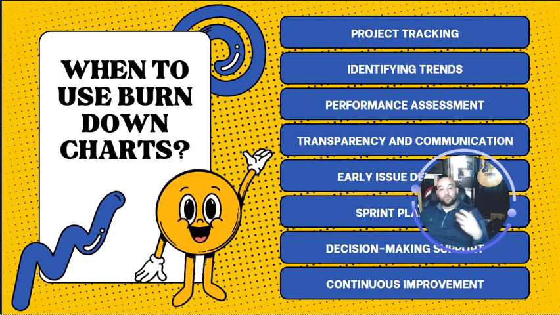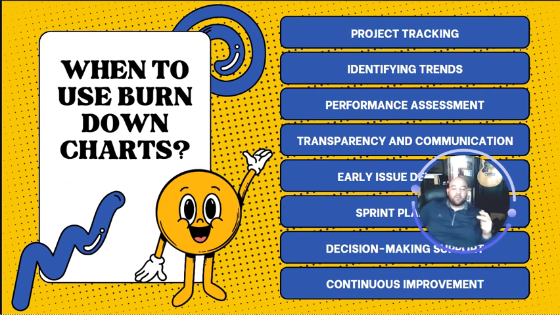If we go to the next one, we have early issue detection. This is where we detect issues early in the project lifecycle, and it enables proactive problem solving and adjustments to stay on course. When we talk about the sprint planning phase, it's an integral part of sprint planning.